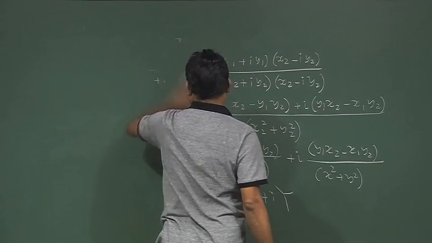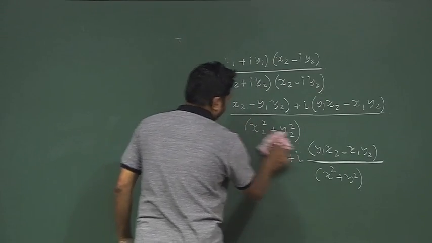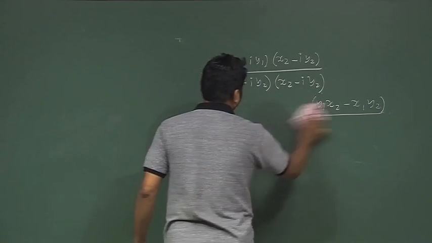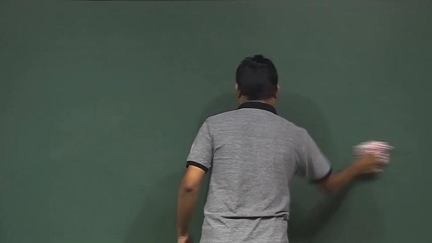So, small kinds of problems will be there. For example, a complex number is given to you and you are asked to find the real part and the imaginary part of it.